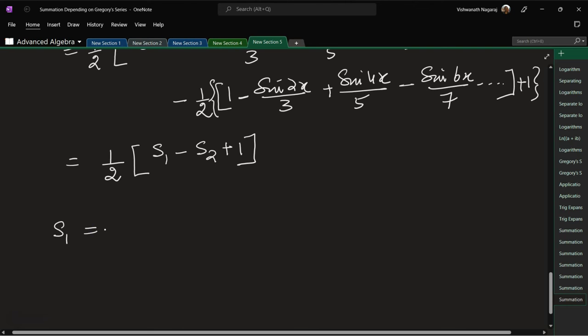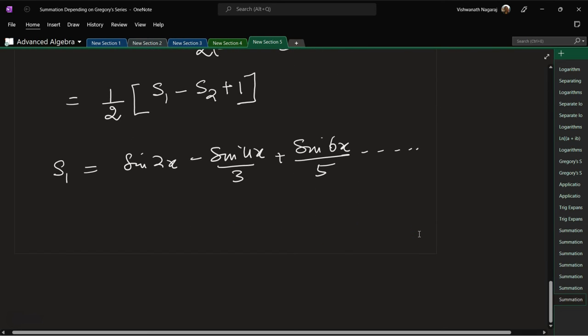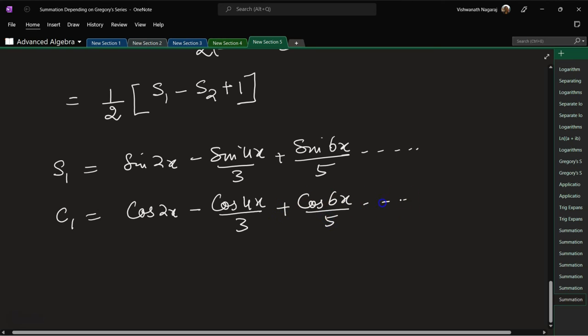separately. So S1 will be equal to sine 2x minus sine 4x by 3 plus sine 6x by 5 and on and on. That means its corresponding cosine series would be cos 2x minus cos 4x by 3 plus cos 6x by 5 and on and on.